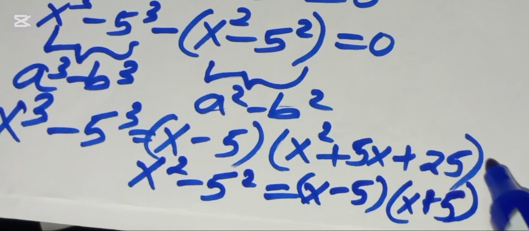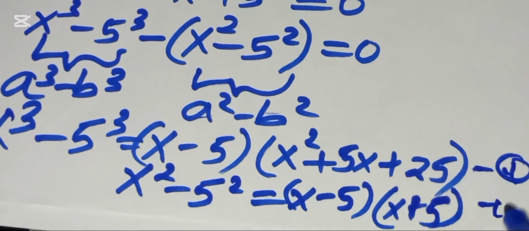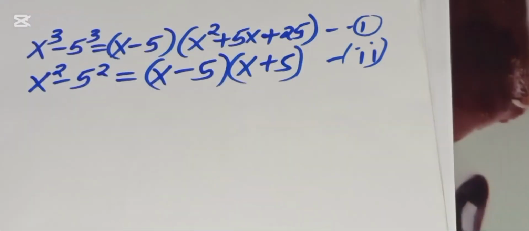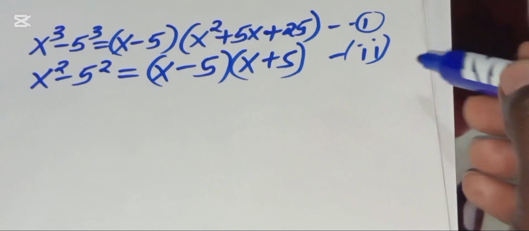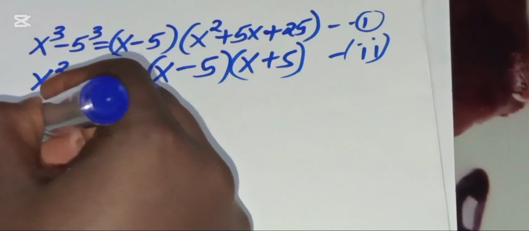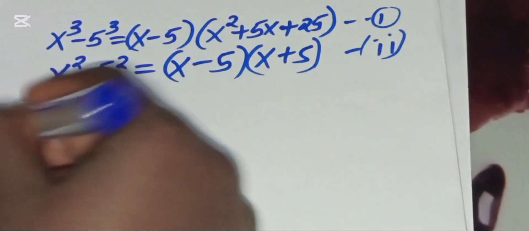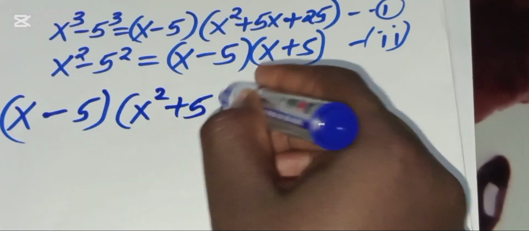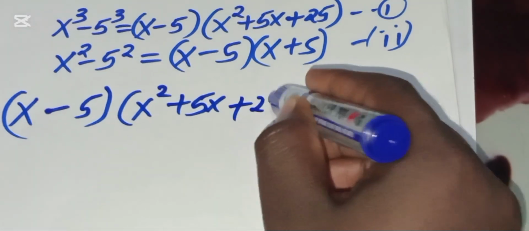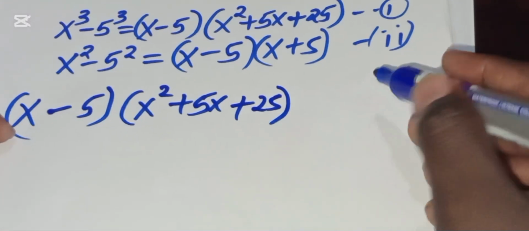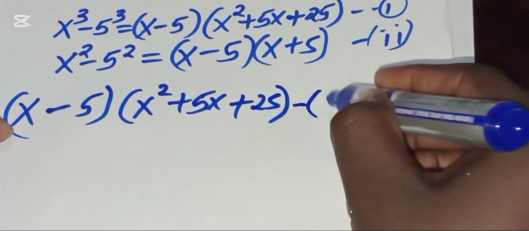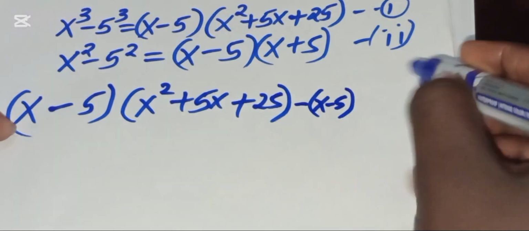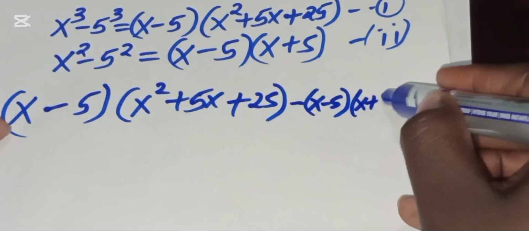Now let's combine these two parts, the first part and the second part. So this is x minus 5 times x squared plus 5x plus 25, okay? Subtract x minus 5 times x plus 5.